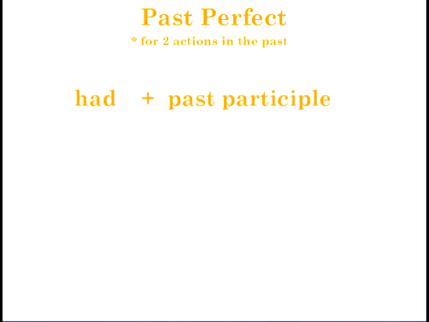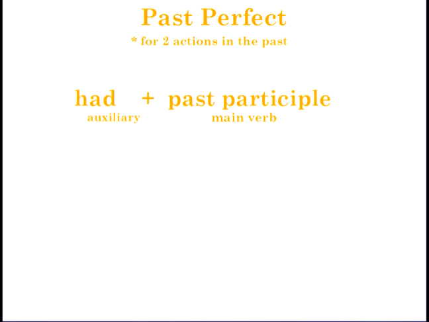So, let's take a look at the basic formula for the past perfect. Now, it's important to remember that for the past perfect, we're always using this grammar for two actions in the past, okay? So it's always used for describing two different actions in the past. Now, we're always using our auxiliary verb had, right?